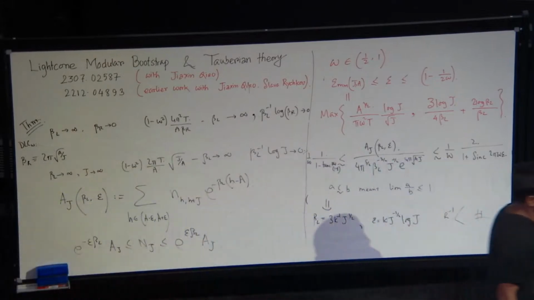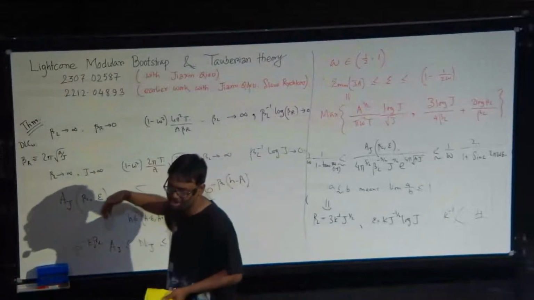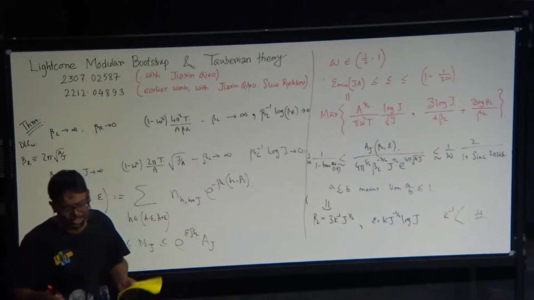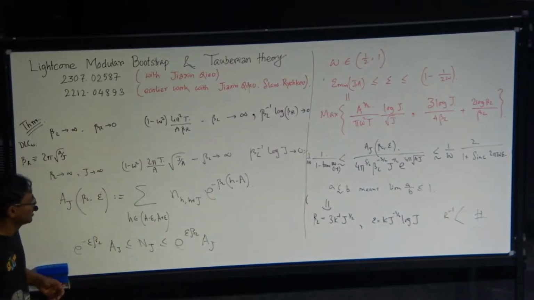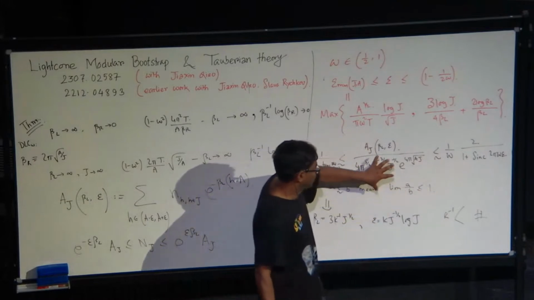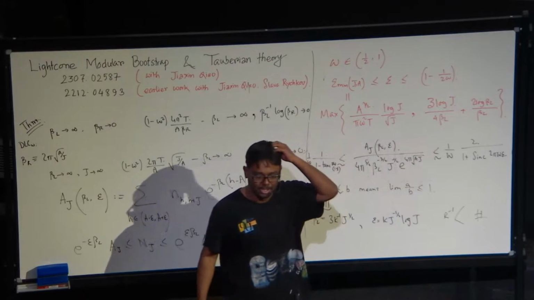For example, you have to make sure that j over c cube goes to infinity and so on. Once you have properly defined these things, then you can basically reuse the arguments from here with some technical caveats which you can tackle. And again, you can derive some result of this form, where you have some growth here in between and it is upper and lower bounded by some number.